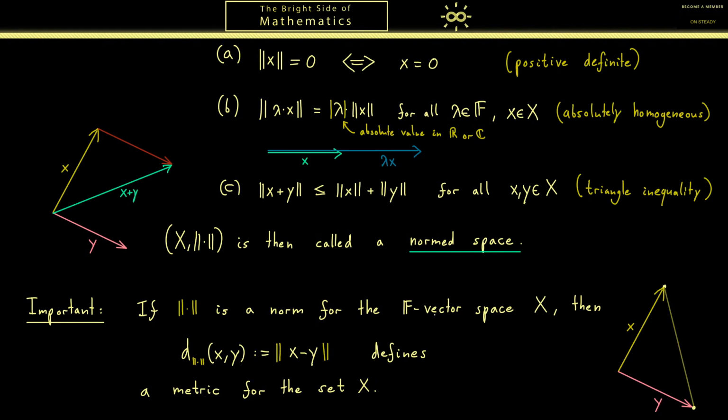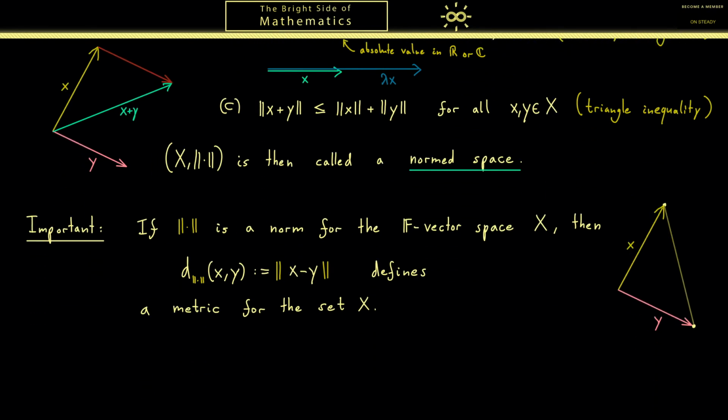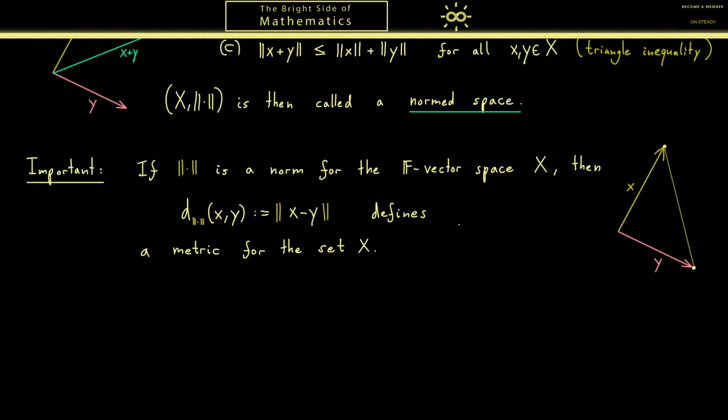Now the most important thing to remember here is, because we always have this definition in mind, a normed space is indeed a special case of a metric space. In particular, all the definitions we have for metric spaces also work for normed spaces. So for example, closedness, openness, and so on. And with this in mind, we can now eventually define what a Banach space is.